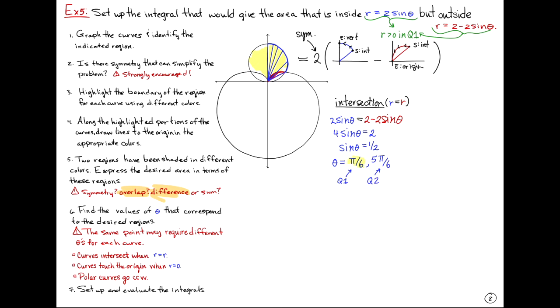Let's label pi over 6 on both of our sketches above, starting at theta equal to pi over 6 for our circle and the cardioid.